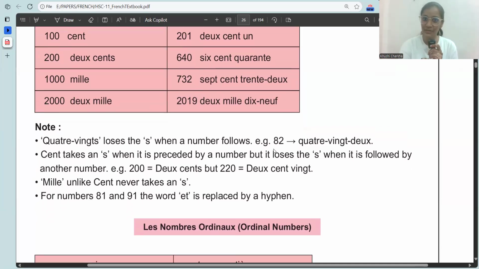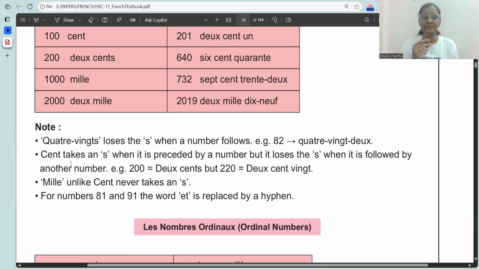This is written in the notes. Okay, we'll read it. Note: 80 loses the S when a number follows. We have seen this. Quatre-vingts means 80. 80 contains S only when it is being used for the number 80. But the moment it becomes 81, 82 and so on, it loses its S, just like in 82.